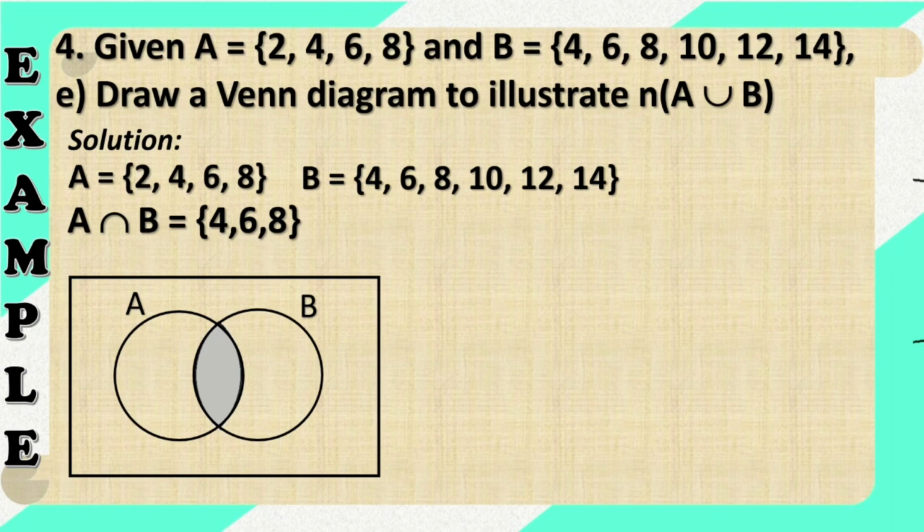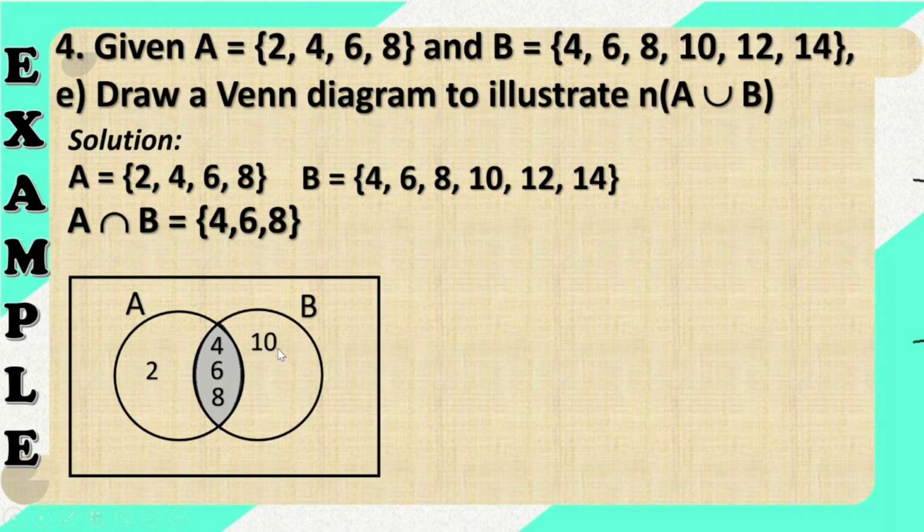So, if you are going to put the numbers, unahin natin yung elements ng A intersection B. So, we have 4, 6, and 8. Dito natin sila ilalagay sa shaded portion. Okay. And then, in set A, ang remaining element na lang is 2. So, we are going to put it here. And then, for set B, the remaining elements, we have 10, 12, and 14.